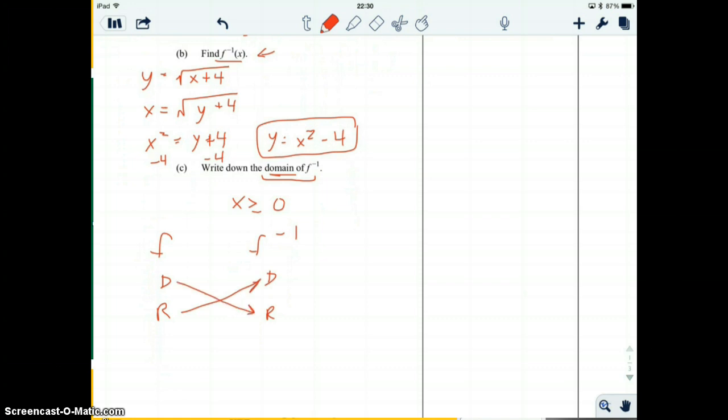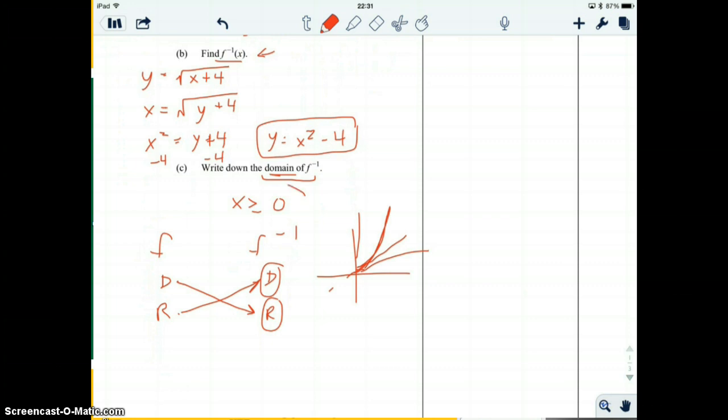So the domain of the function becomes the range of the inverse function, and the range of the function becomes the domain of the inverse function. You can see that whenever you take a function and find the inverse graphically, because you see that the x becomes y and the y becomes x, and that goes also for domain and range.